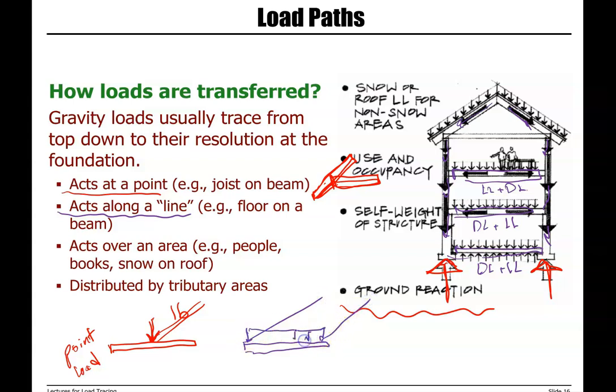Then we have a linear load. Another example is when we have a bearing wall sitting on a beam. This one is usually pounds per linear foot, or PLF. So this is a linear, uniformly distributed load.